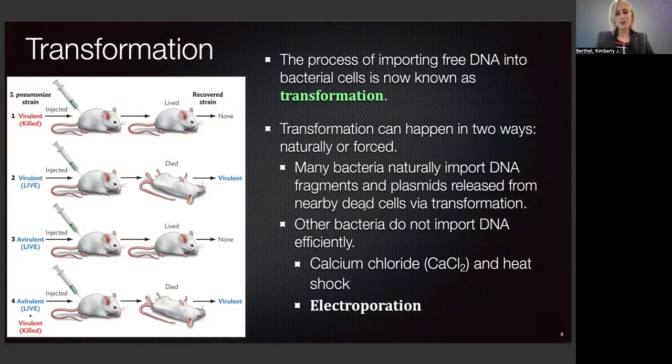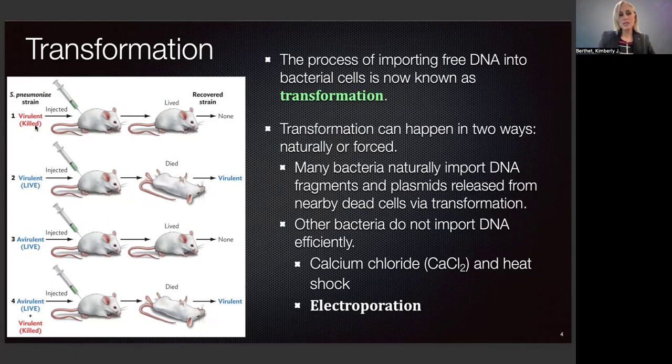Looking at this example here, this experiment has to do with a virulent strain and a non-virulent strain of a microorganism. Here we see a virulent one, which is killed. Here we see virulent, which is live, and then we see avirulent, meaning it's not dangerous.